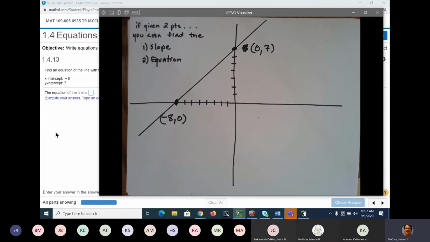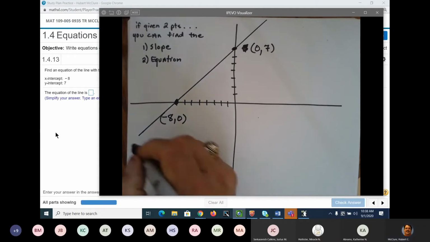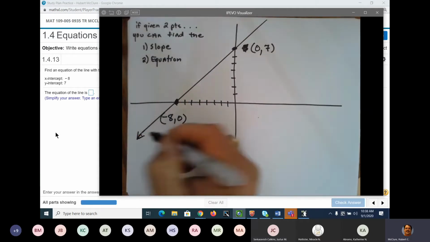I want you to find the equation and the slope of that line, since I put it in perspective, because some people would sit there and look at that problem and not know what to do. But now that you've got a graph, you know what to do. You're finding the equation for that line. And you're going to feel good about yourself.